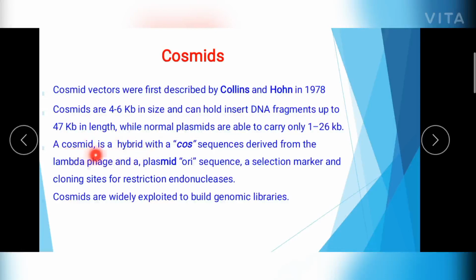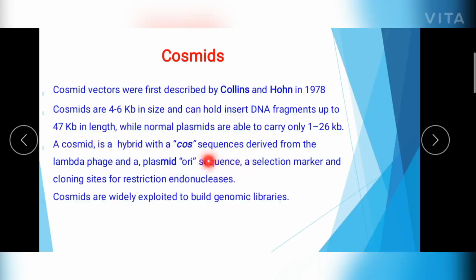And this Cosmid is a hybrid vector. It is containing the cos region from the lambda phage, and the origin of replication is taken from the plasmid. Due to this reason, it is called cos plus mid: cos is taken from lambda phage and mid means the origin of replication is derived from the plasmid.